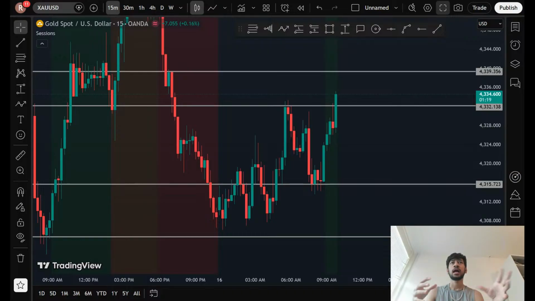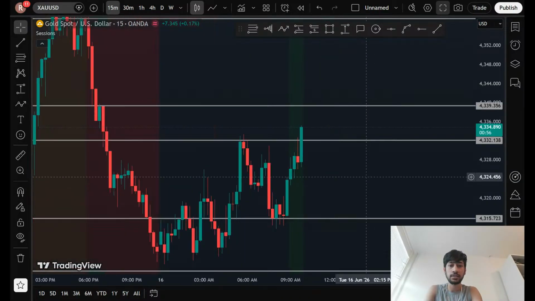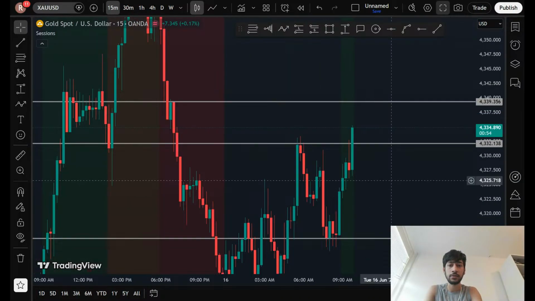Like, will I buy this? I will build confidence and take a decision based on higher time frame to anticipate if the 15-minute has probability of breaking out or not, continuing to break above the zone or not. I will have bias based on that.